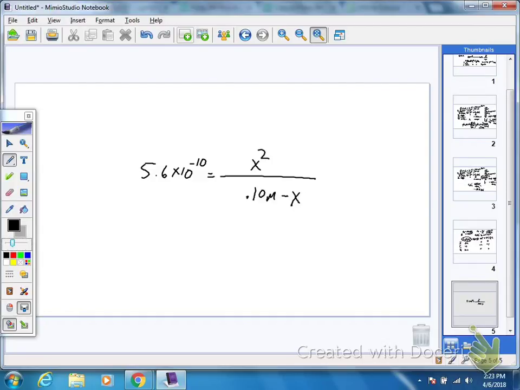So then you take 0.1 molarity times 5.6 times 10 to the minus 10th, and you get 5.6 times 10 to the minus 11 equals X squared. Take the square root. That gives you X, which is the same as OH concentration.